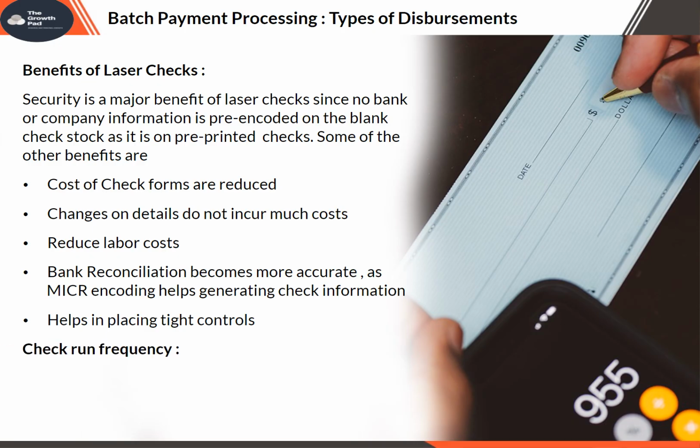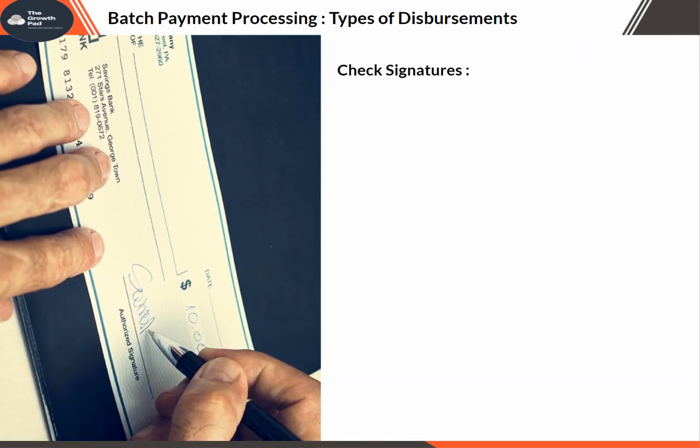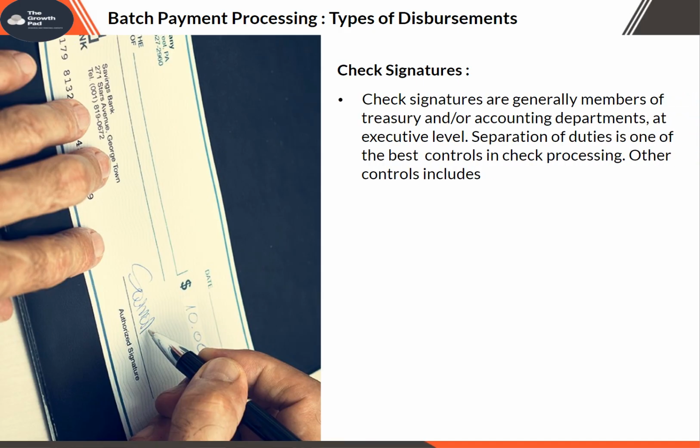Check run frequency. As a best practice, the check run frequency should be weekly. However, large organizations process checks daily. Check signatures. Check signatories are generally members of Treasury and/or accounting departments at executive level. Separation of duties is one of the best controls in check processing.